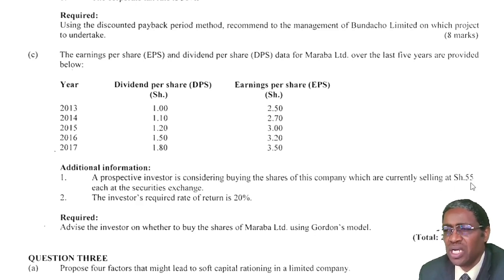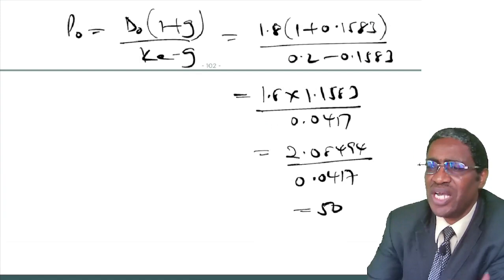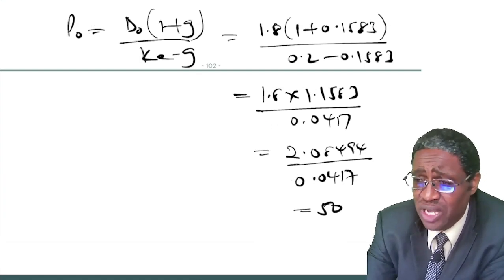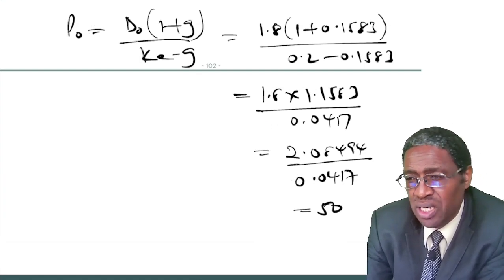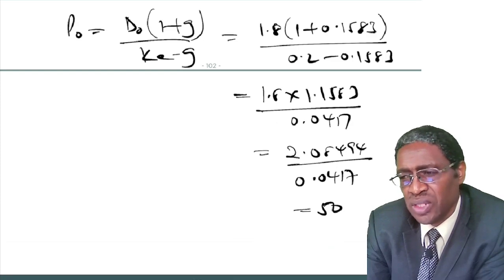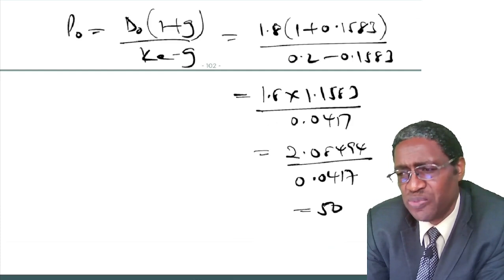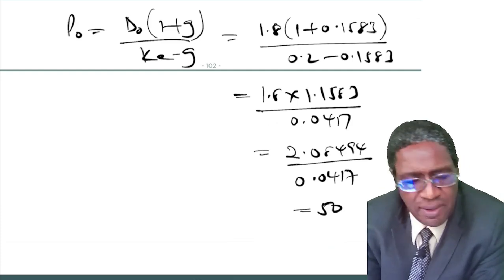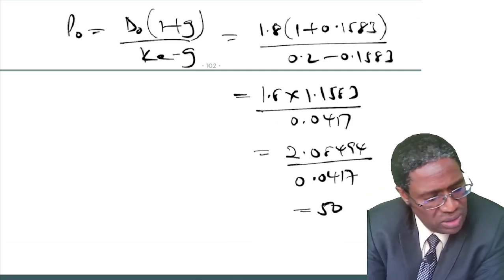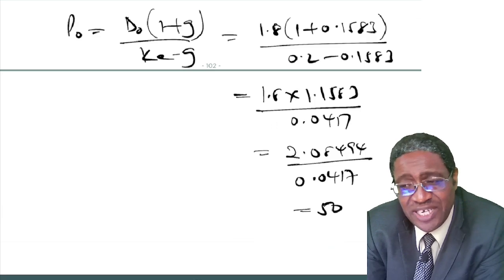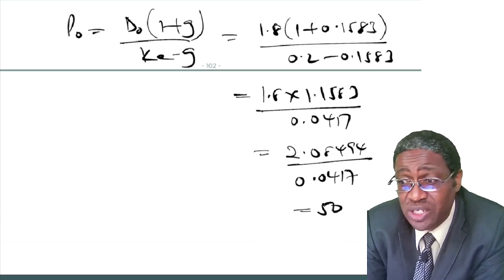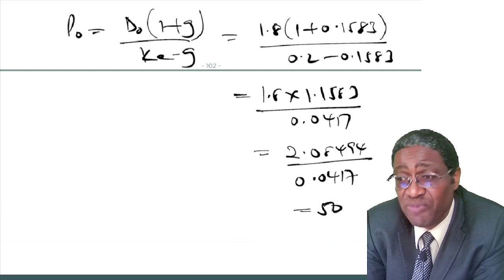currently selling at 55. Now my question is this: if the shares are going at 55, that's what they are being sold for in the market, and you are an investor, and you have computed that the true value, the intrinsic value of the share is 50, will you buy the share? The true value, according to your calculation, should be 50.